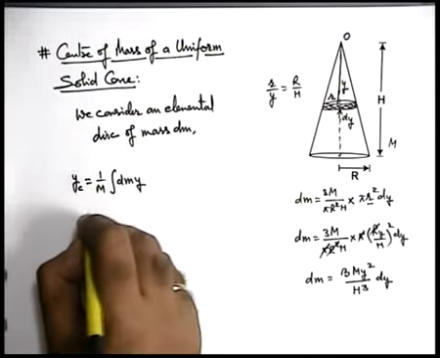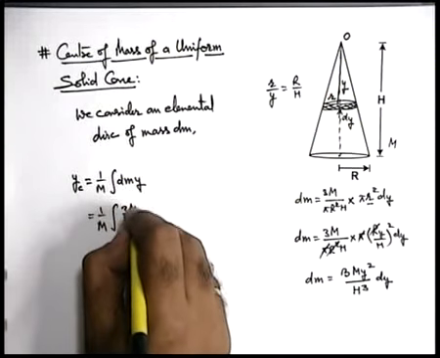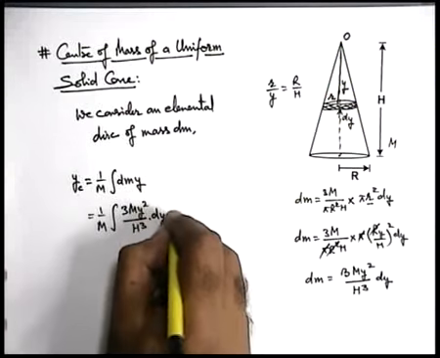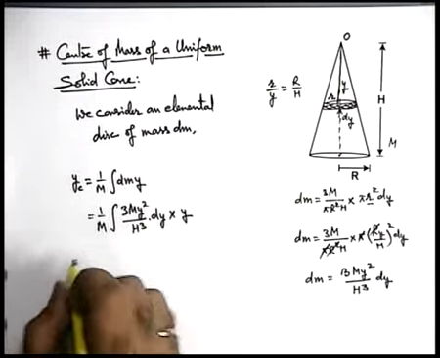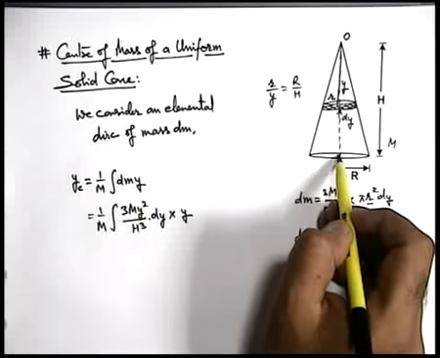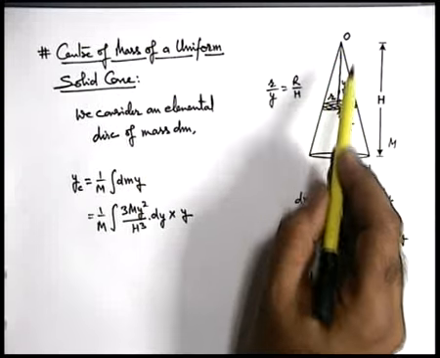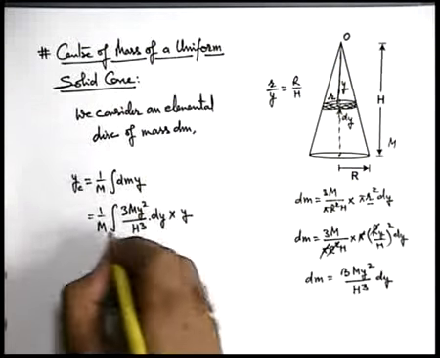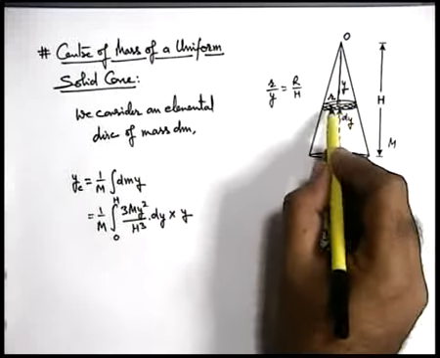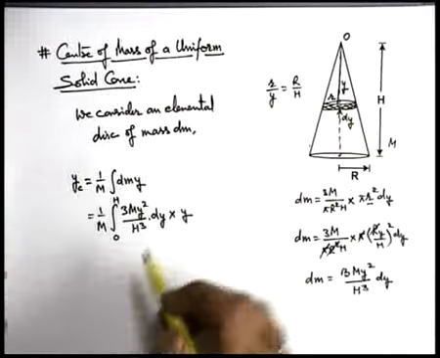We substitute it, and we get 1 by m integration of 3m y square upon h cube into dy, multiplied by y. To integrate for the complete volume of this cone, the limits of y will be from 0 to h, so that all such elemental disks are placed one after another and a complete cone is formed.